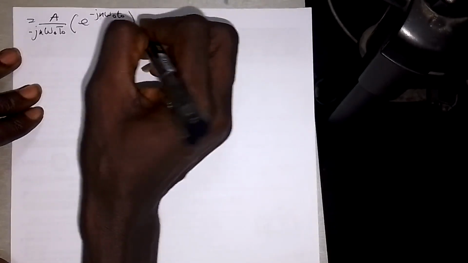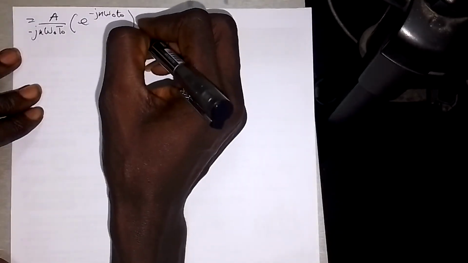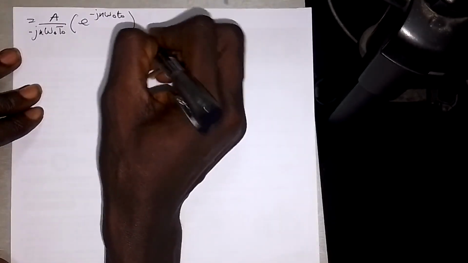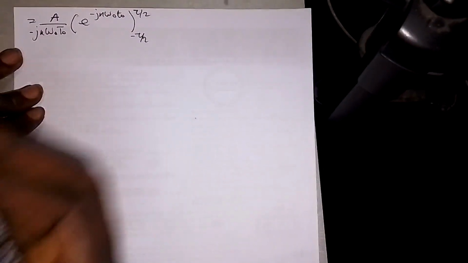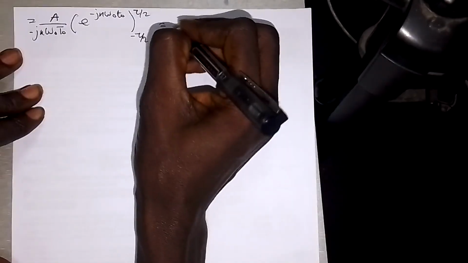Okay, like this. And then here are my limits, minus tau on 2 and tau on 2.